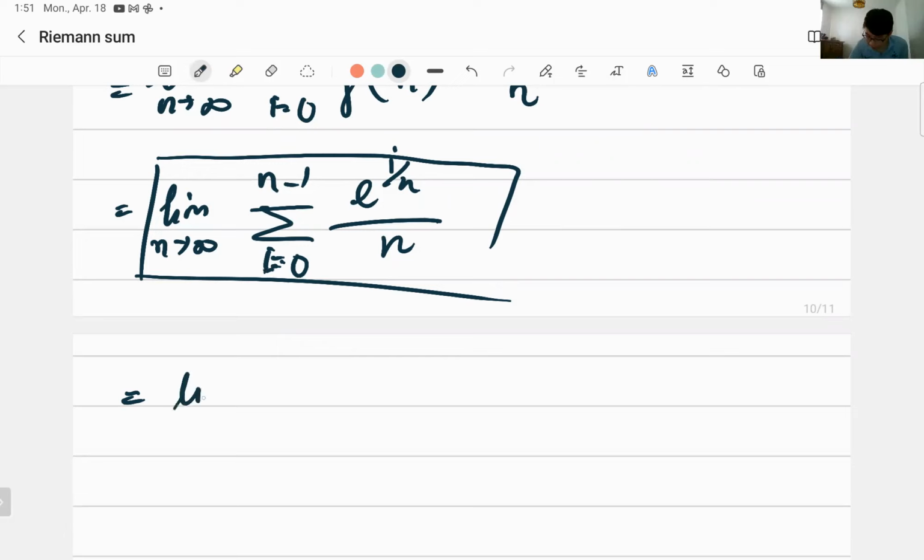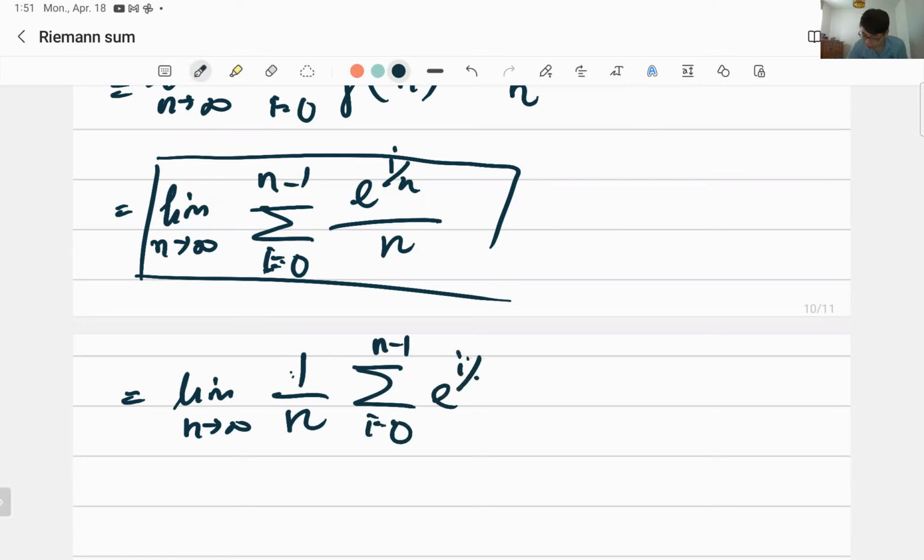So I can bring out the 1 over n first, and then the sum from i equals 0 to n minus 1 of e to the power i over n.